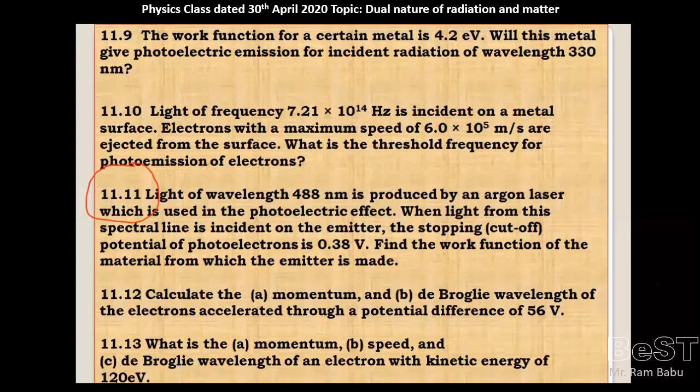When light from this spectral line is incident on the emitter, the stopping potential of photoelectrons is 0.38 volt.